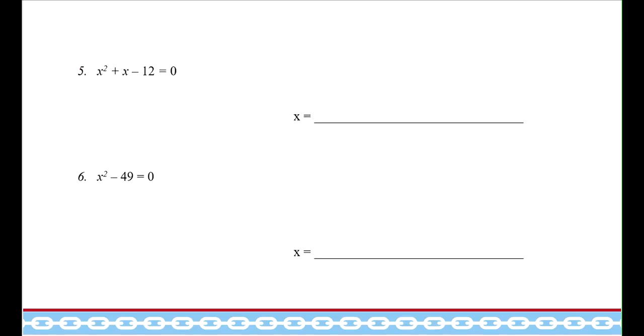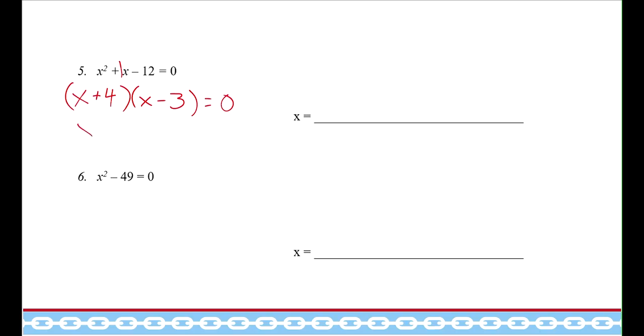For number 5, we need a -12 and a +1. There's +1 right here. So I'm going to go with +4 and -3 as my factor pair, because they multiply to -12 and they also add to the +1.